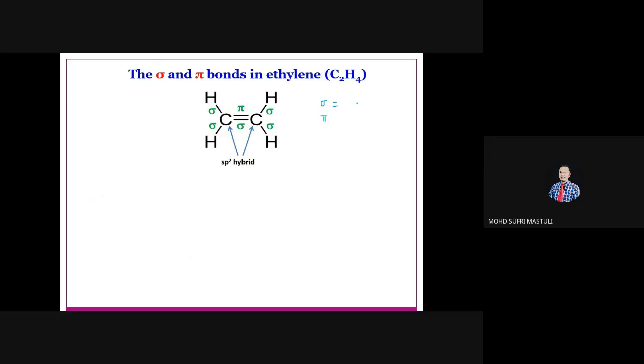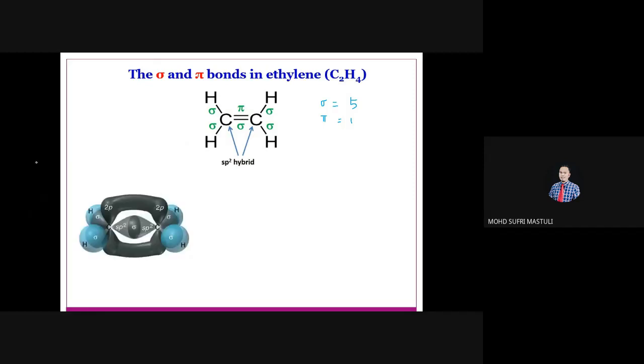How many pi in this molecule? 1. So from this Lewis structure, you can show the hybridization using the valence bond theory to show the overlapping of atomic orbitals. Or like this.